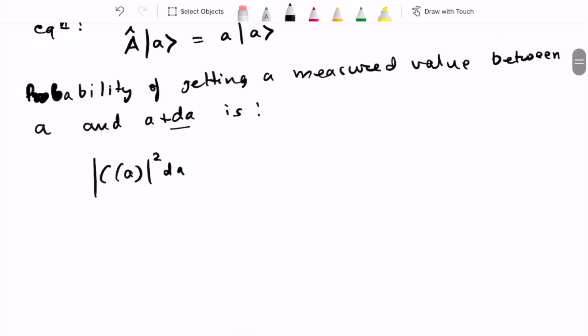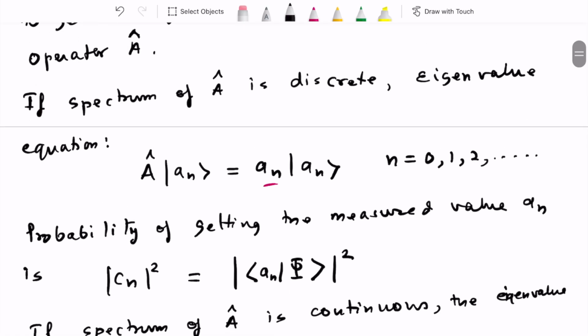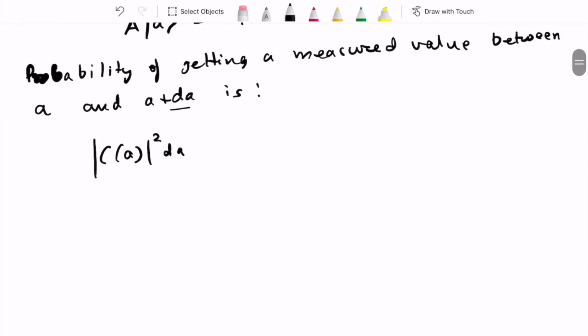But here the probability is |Ca|² dA, because in the discrete case you can talk about the probability of finding the system in state n, but you cannot really talk about the probability of measuring the value A with infinite precision.